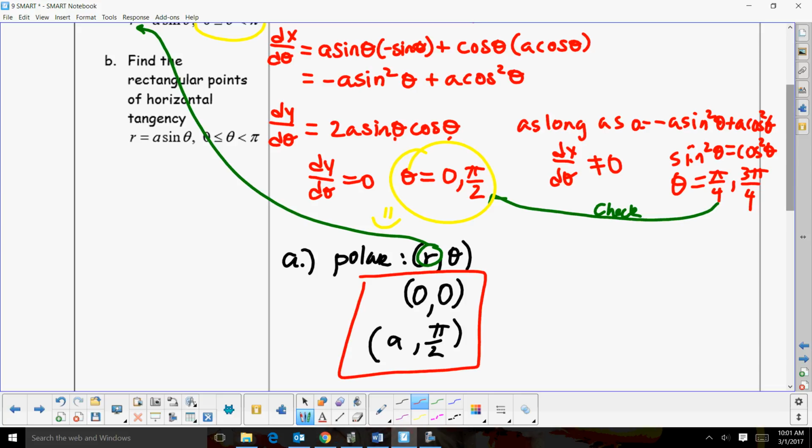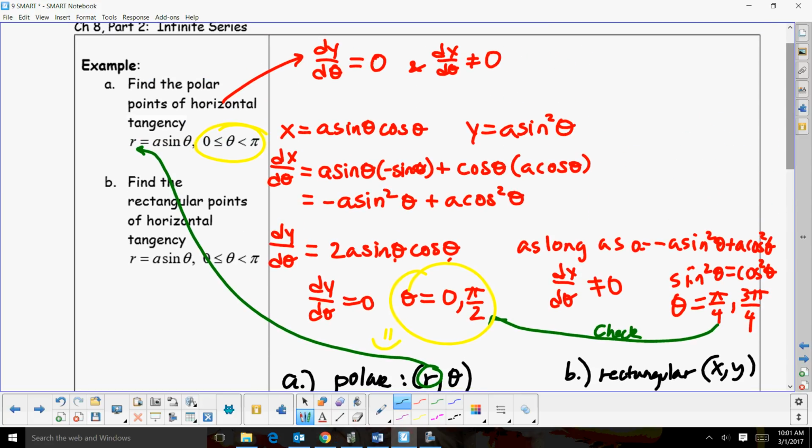Part B now says to find them in rectangular. So rectangular is now x, y. And you have a couple options. You could plug in the thetas up here to your x, y, or you could try to convert those graphically.